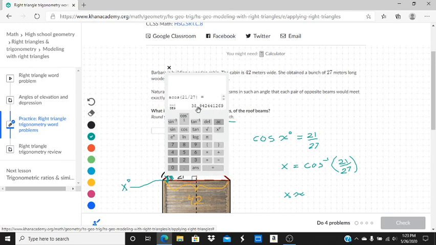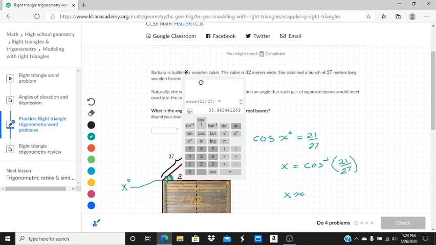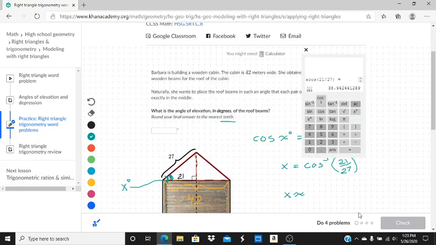That equals 38.94, that's the degrees. We want to round it to the nearest tenth, so we're going to say 38.9 degrees. Okay, enter in 38.9. Let's check. Look at that, we got some energy points.